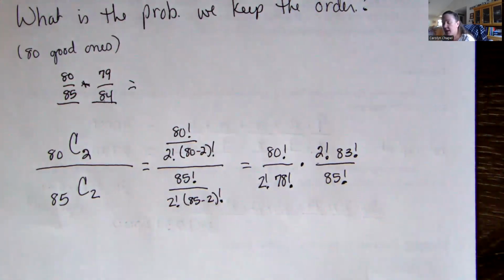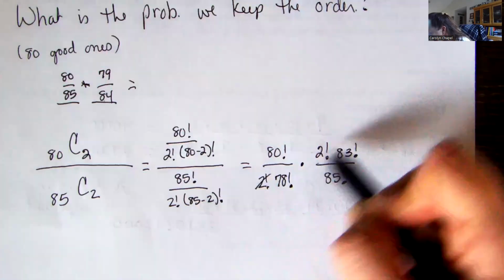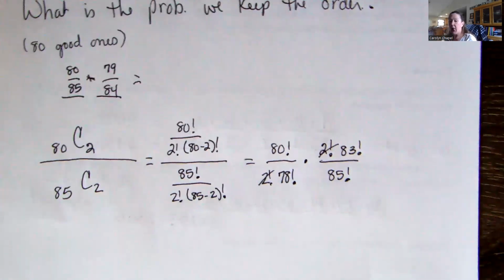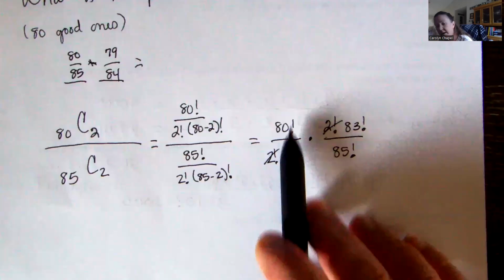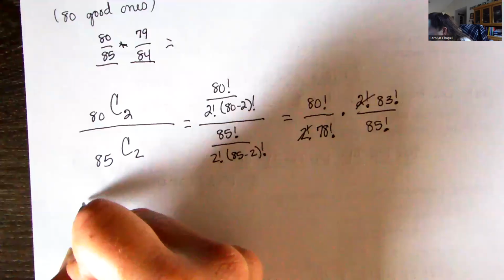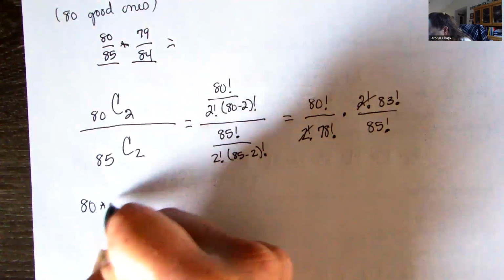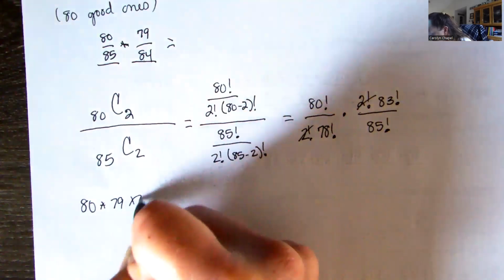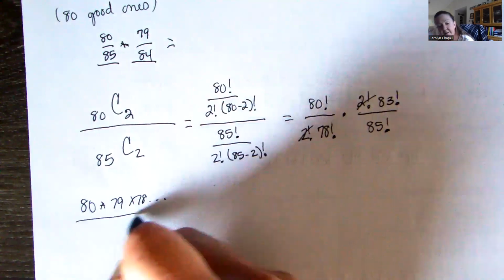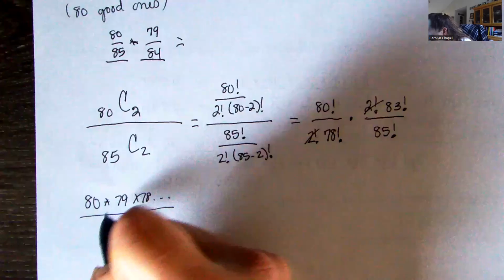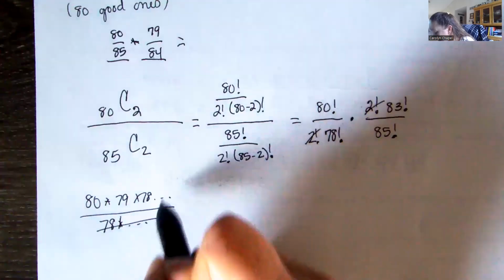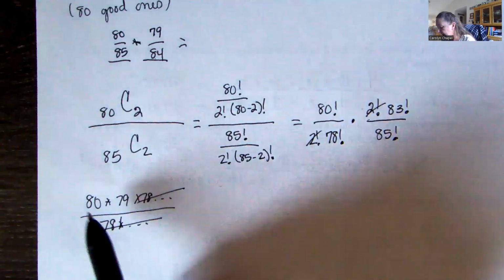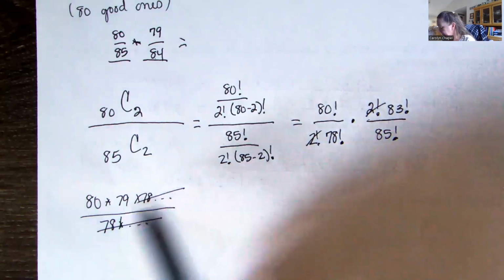I'm going to get rid of the stuff that's obviously the same. And now I'm going to start writing some of the different pieces. Looking at just the first one, that's going to be 80 times 79 times 78 all the way down. Those 78 pieces cancel, leaving just the 80 and the 79.